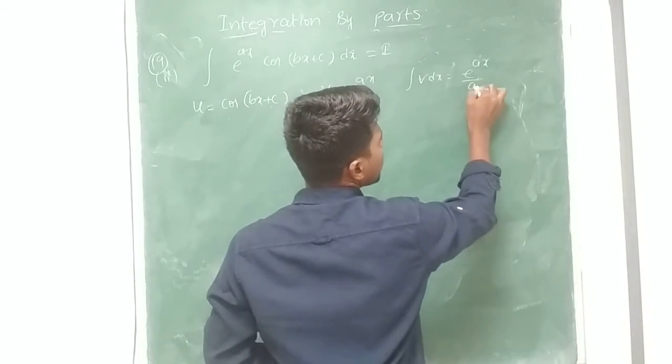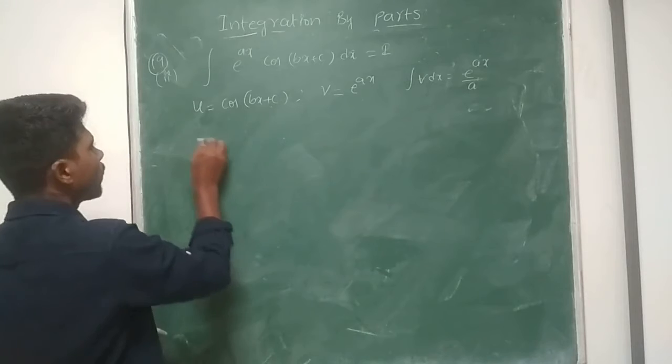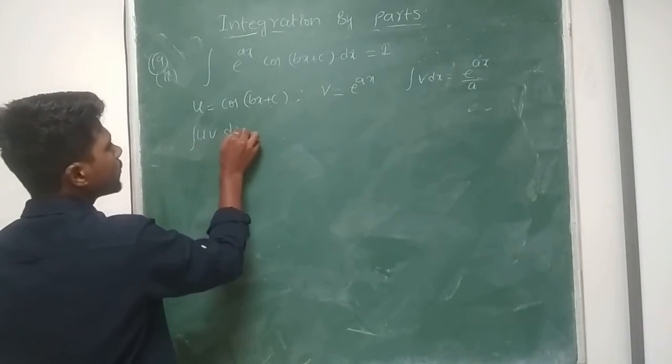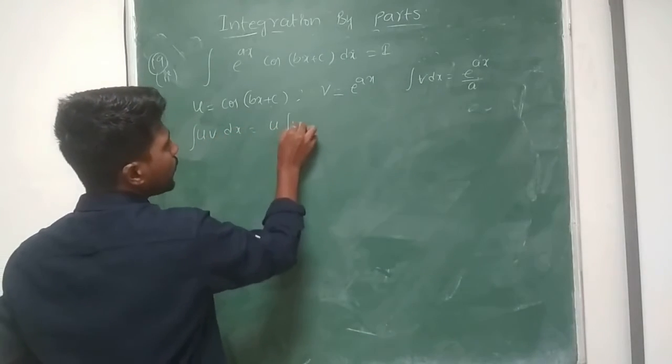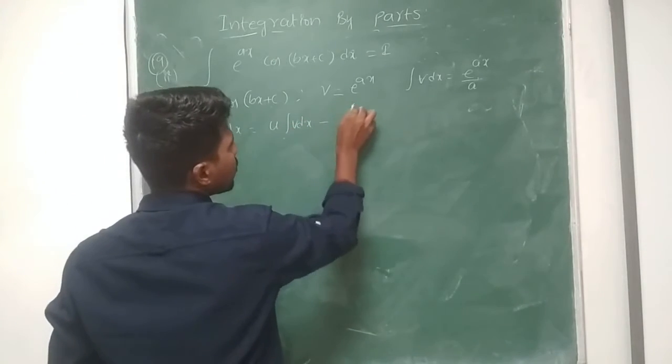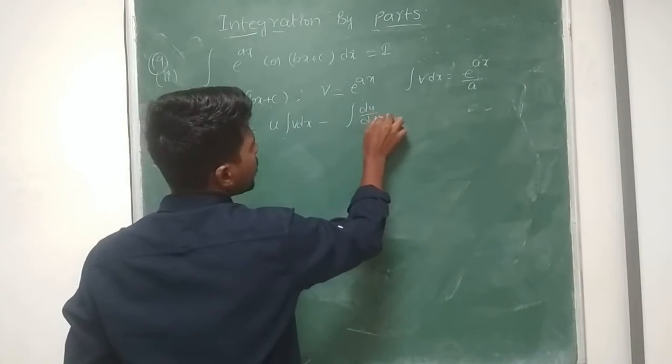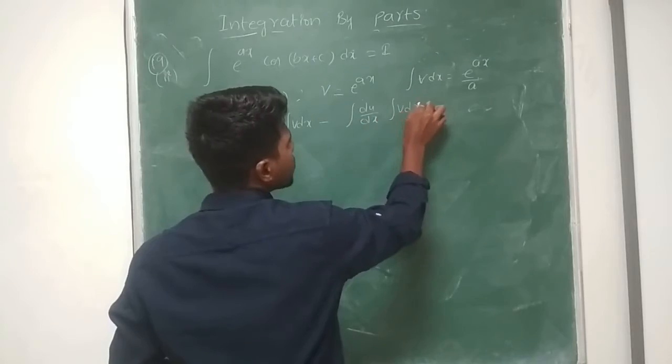ax by a. So as per our formula, integral uv dx is equal to u integral v dx minus integral du by dx into integral v dx.